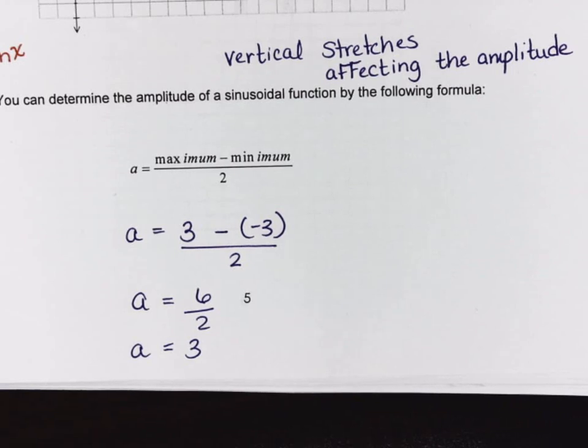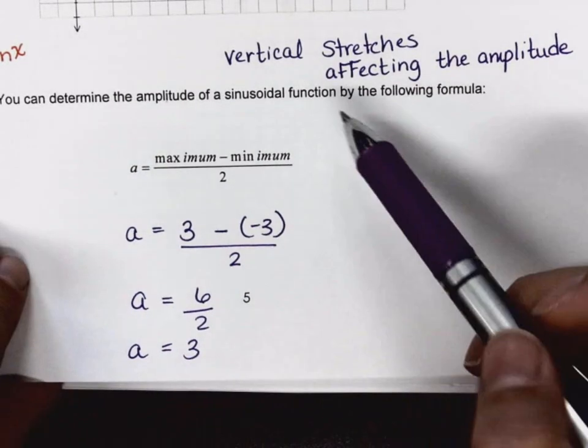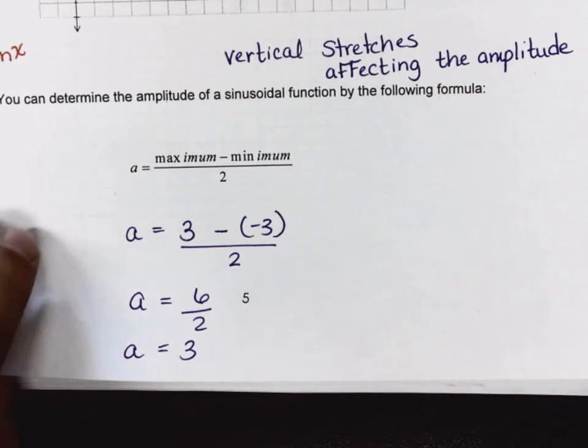Oftentimes, you can just look at the graph and see it. Does that make sense to everybody? Like, you don't have to show me the math, but you might find this helpful when we get to 5.3 and I give you a graph and I say create the equation. Okay, so this is like a little back pocket kind of secret thing. This isn't anywhere, this is something that you have to know.